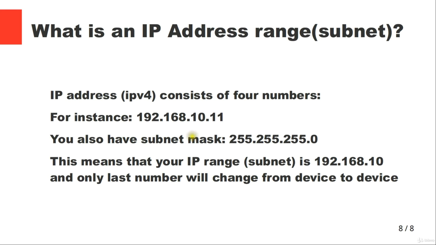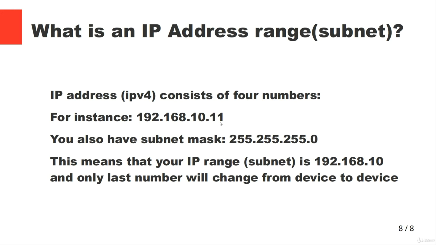With this will be associated a subnet mask, and in 99.9% of installations you will see only this type of mask: 255.255.255.0. What it means is that this doesn't change, this doesn't change, and this doesn't change, only this changes. So this is your subnet, or your IP range, and only this number changes depending on the device on your LAN.